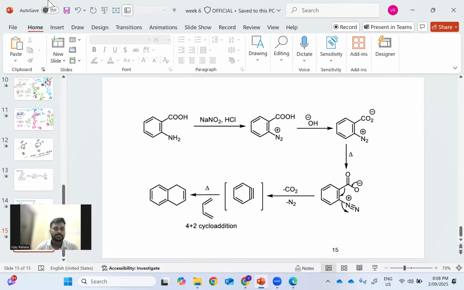Right. So what happens? The NaNO2 reacts with the NH2, it forms N2. And once this N2 is formed, in the presence of hydroxide, it forms the oxygen anion.